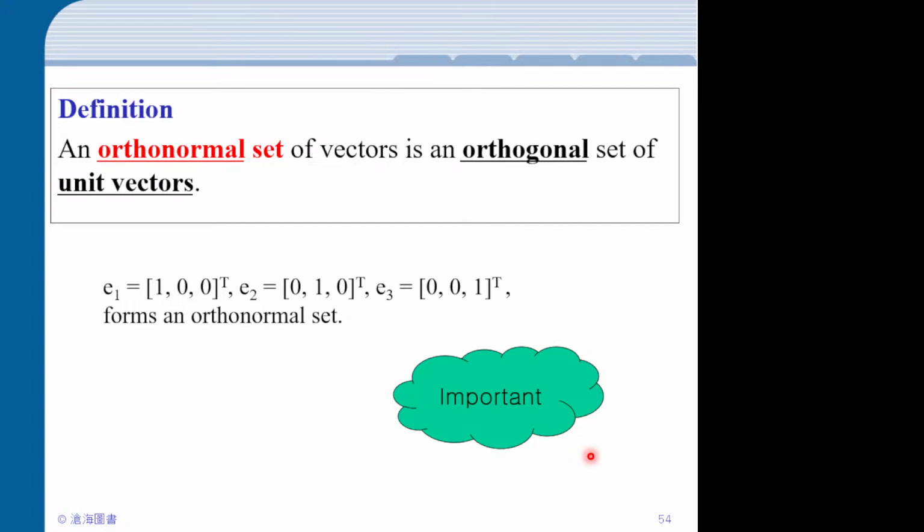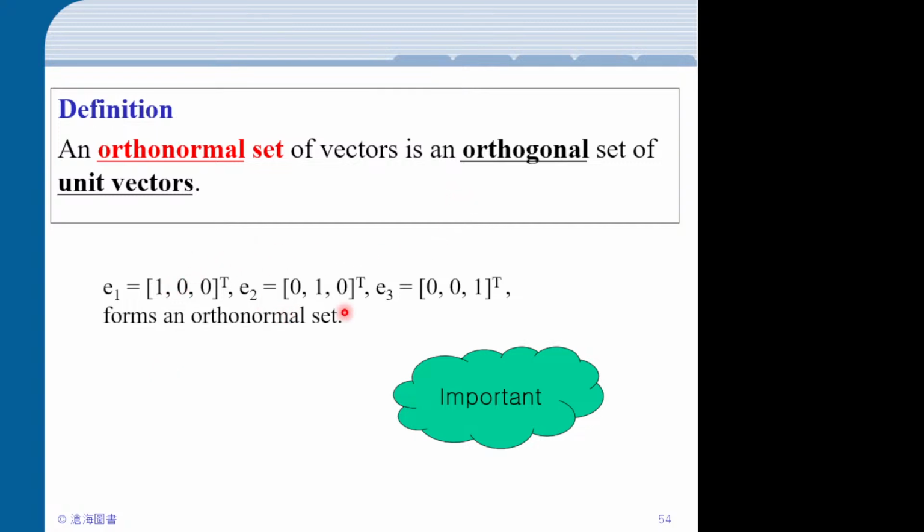Then we have defined an orthonormal set, and it's just an orthogonal set where every vector inside has unit length. The standard basis is an example, and it should be pretty clear.